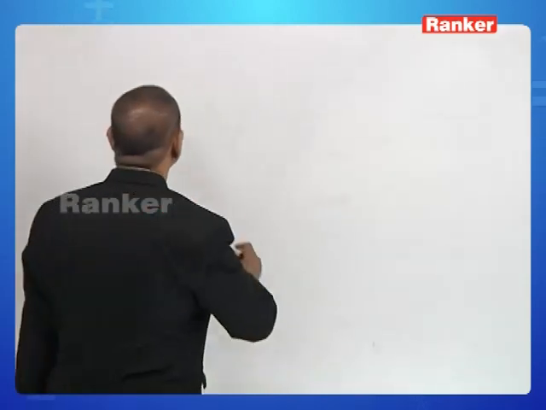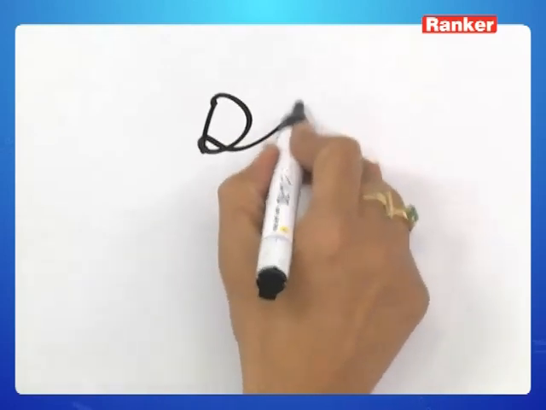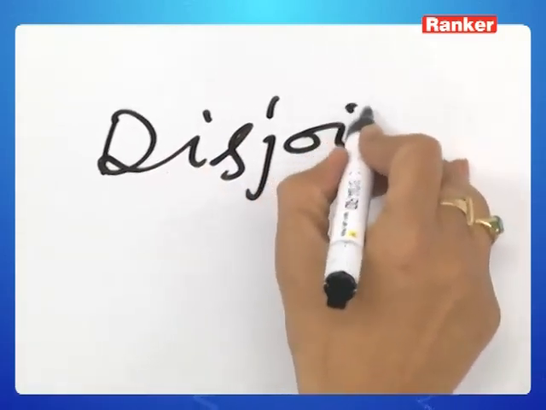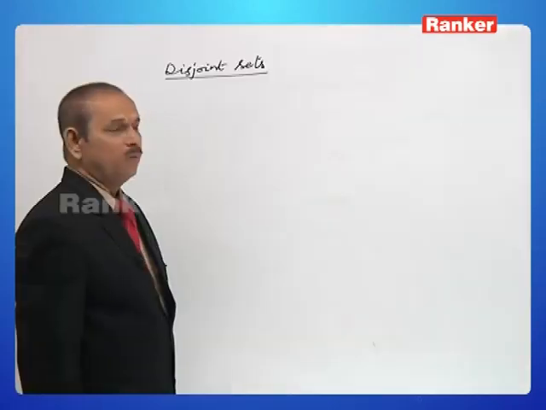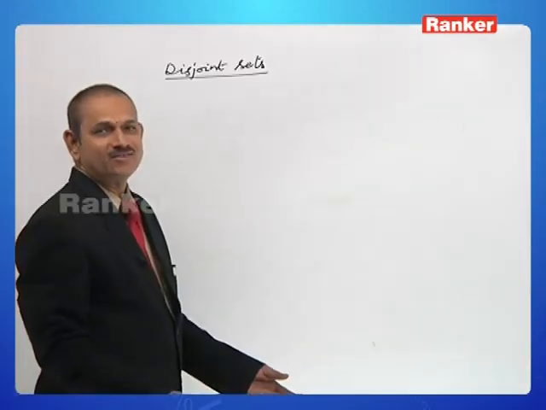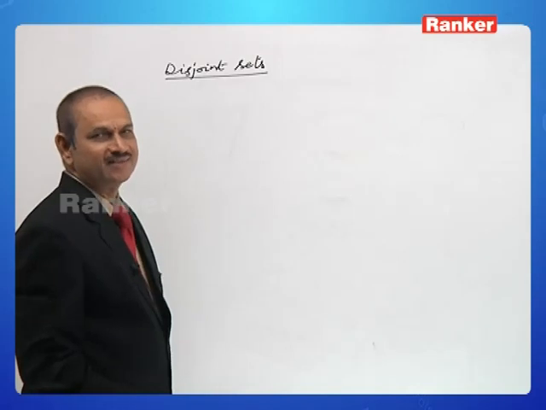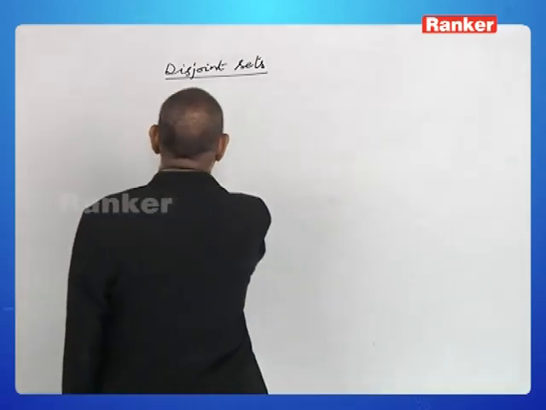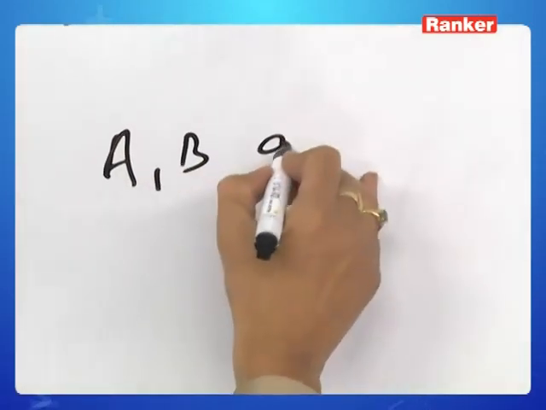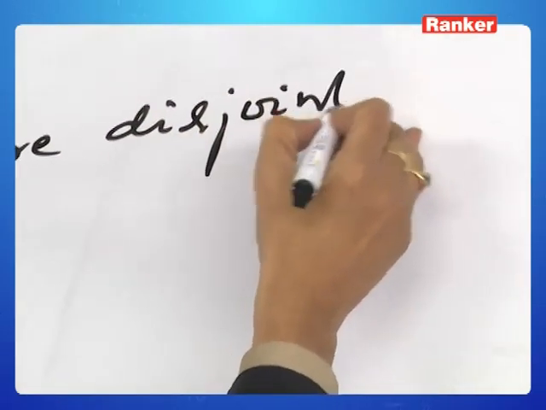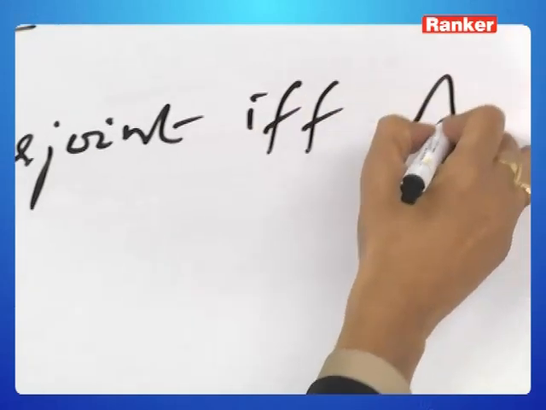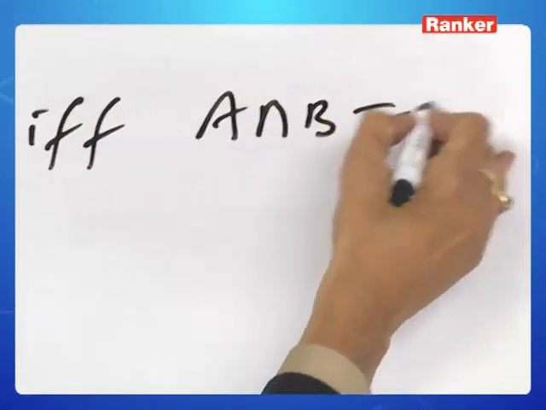And then disjoint sets. What do you mean by disjoint sets? When there is no joint, that is when there is no common portion, then they are called disjoint sets. That is, A, B are disjoint if A intersection B is equal to phi.